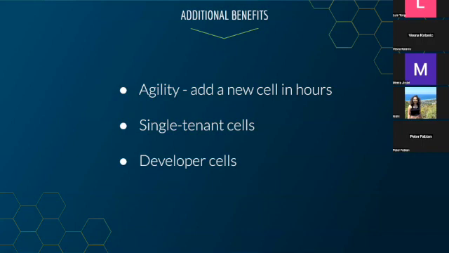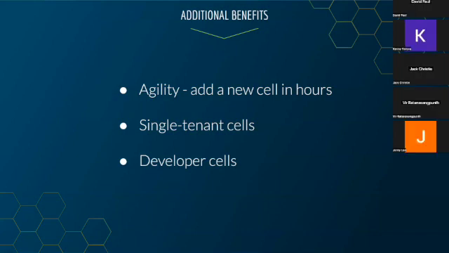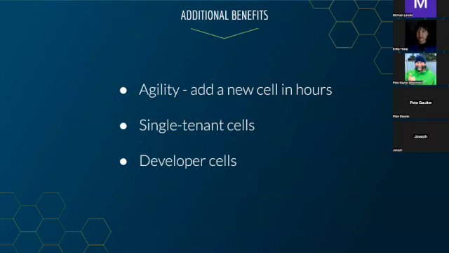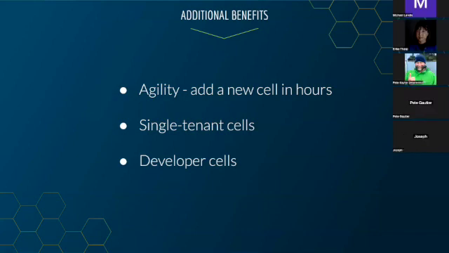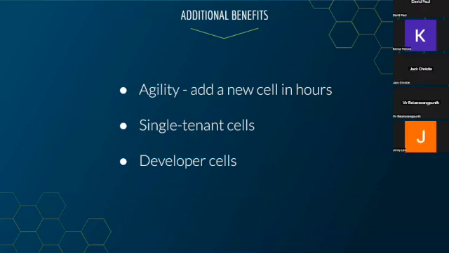But it makes it a lot easier to get one of those up and running quickly, give a developer an isolated place to test their own changes, and then tear it back down to save costs again when they don't need it anymore. So those are some really powerful side benefits that come out of this, in addition to the main goals of reducing blast radius and making sure your customers have the best availability possible.